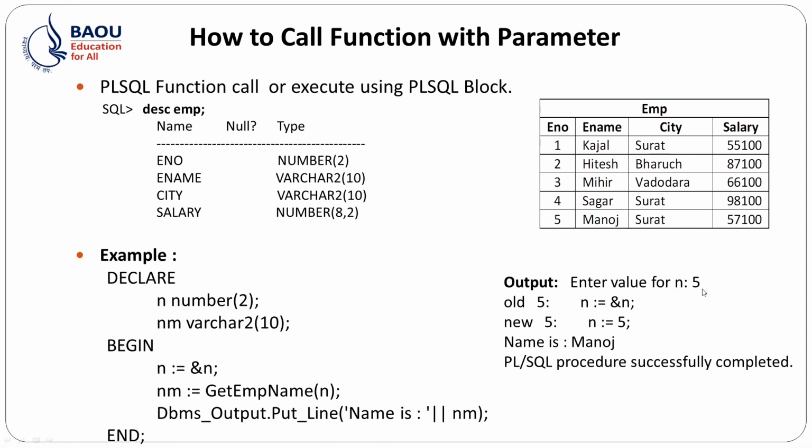When we pass 5, 5 is stored in the n variable, and the n variable's value is passed to the function. Then the function matches with the table. This number 5 has the name Manoj. So the employee name is returned. So the name is Manoj, because it is stored in the nm variable. The name is Manoj.